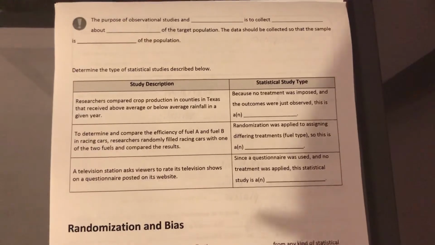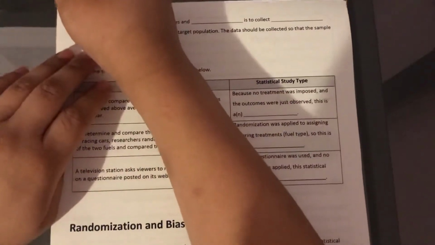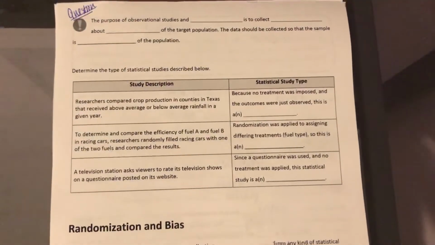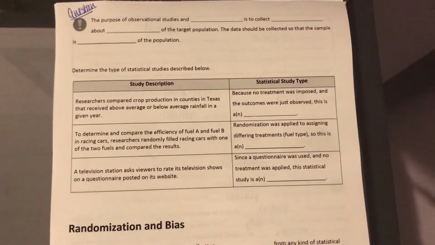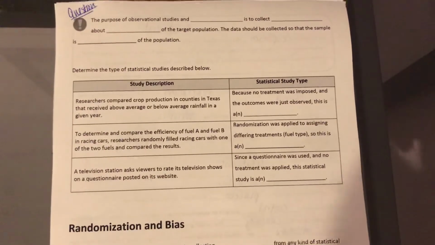Okay, the purpose of an observational study. Oh, before I move on, you can also try a question. So if you're in the tutorial at this point, I'm going to put the word question just up at the top. There is a question in the tutorial that if you want to try it, you can. It was a question over electric batteries. I don't want to give you the answer to those.